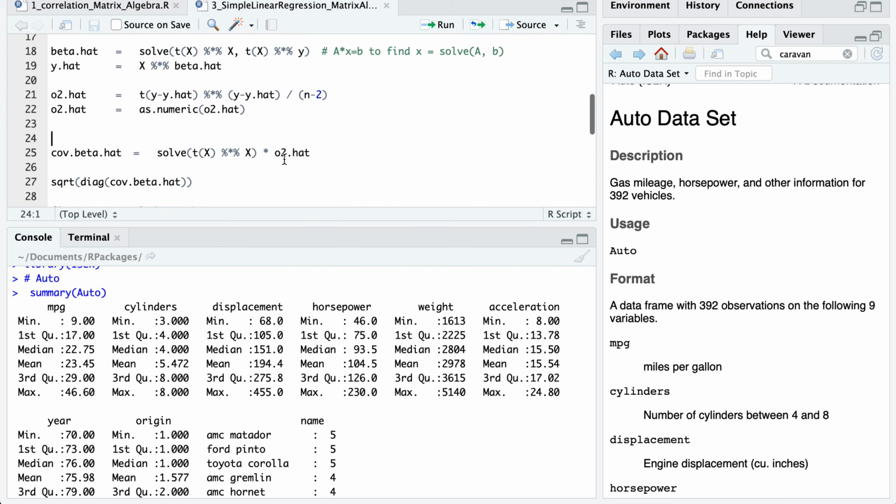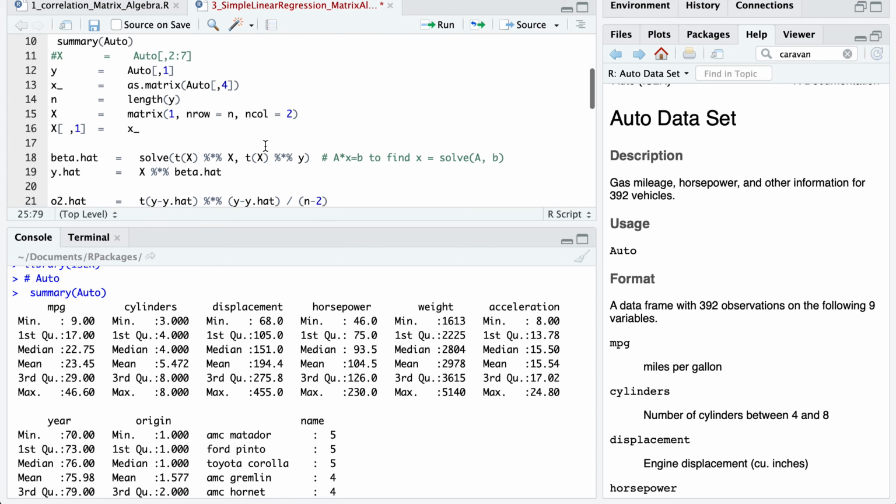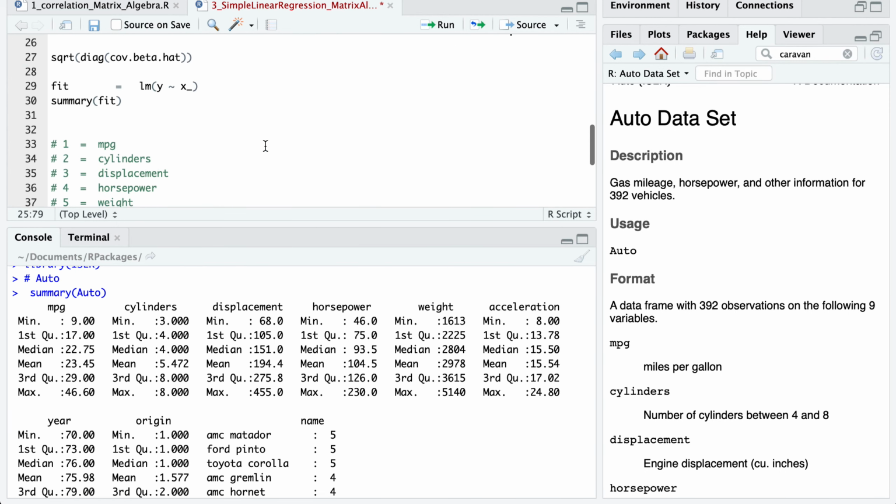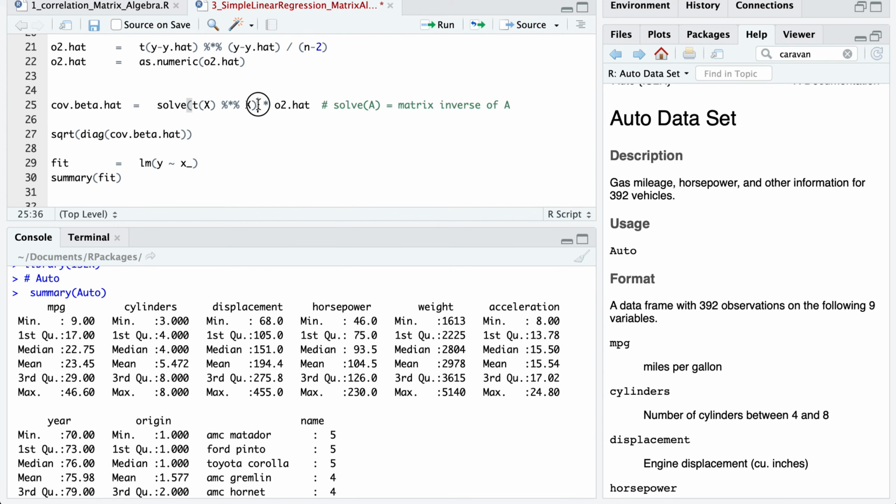So solve A is the matrix inverse of A. So in R, this is how we get the inverse. So this is X transpose X inverse, and then you have sigma squared hat, an estimate of it.